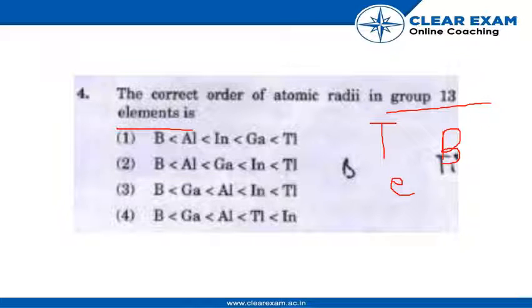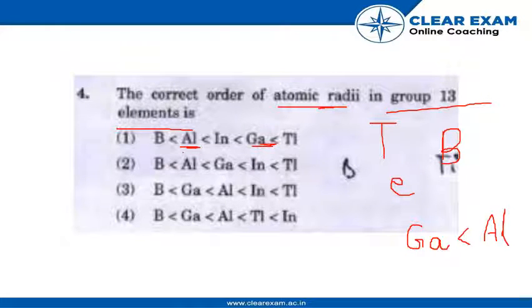However, the atomic radius of gallium is less than that of aluminium. Gallium is less than aluminium. Okay, this we have got.